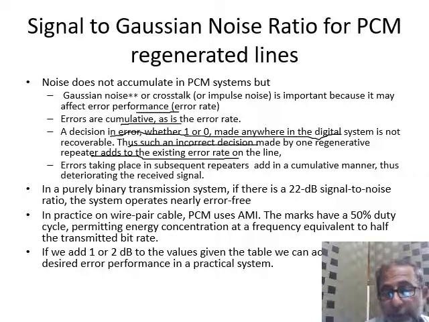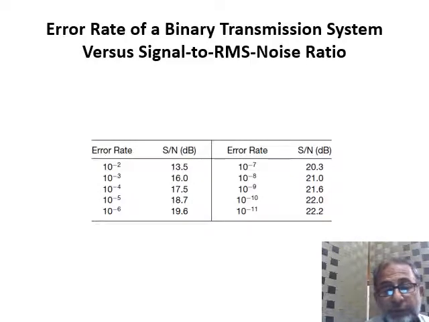In a purely binary transmission system, if there is a 22 dB signal to noise ratio, the system operates nearly error free. We can see a table which defines this, and it is given in table number 8.1.